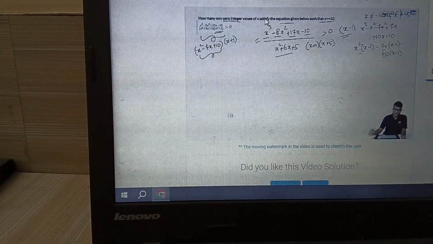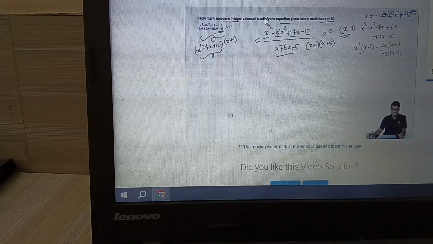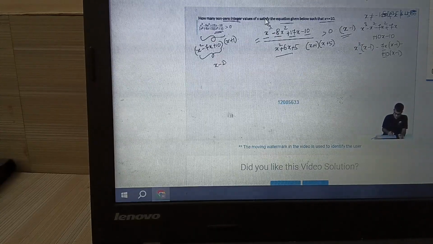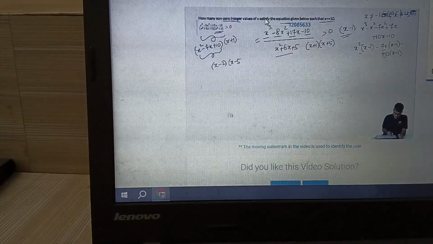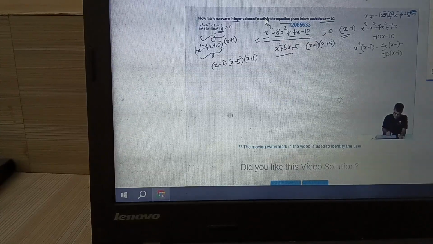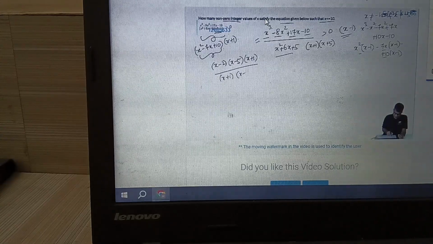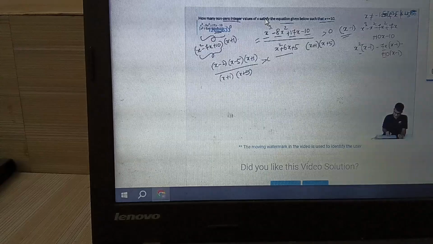This can be factorized to equal (x minus 2) into (x minus 5). So the given inequality is (x minus 2) into (x minus 5) into (x plus 1) divided by (x plus 1) into (x plus 5), and we want this to be greater than 0.